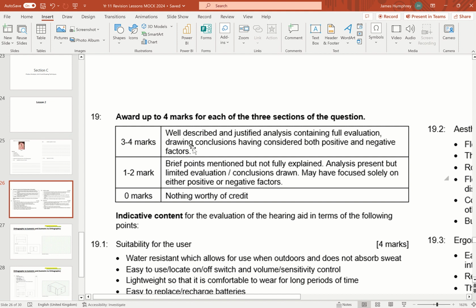And so it looks like to get the top marks here, you've got to make a couple of points, and then you've got to come up with a conclusion. But that needs to identify both positive and negative factors. So for 4 marks, you've got to do quite a lot here to get everything, or to get the 12 which are available for these 3 different questions. I hope that's helped.